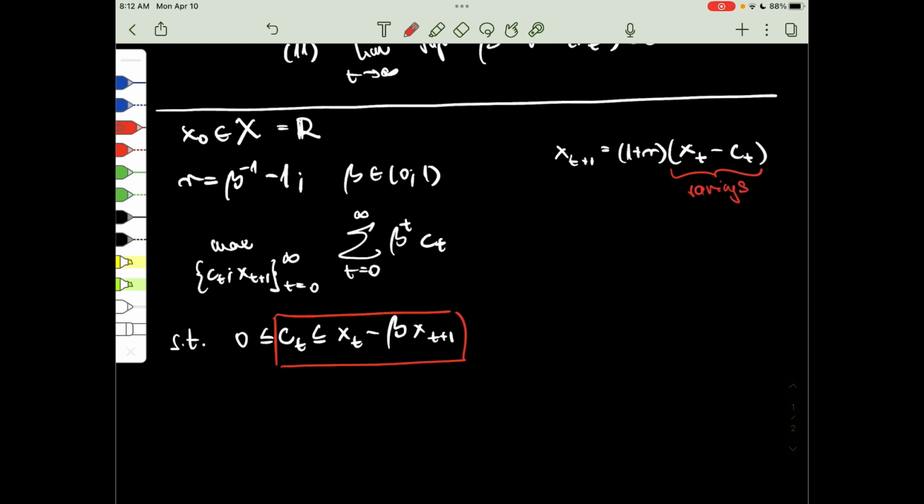Okay, and if we expand this equation, by using the rate of interest, we will have this equation.